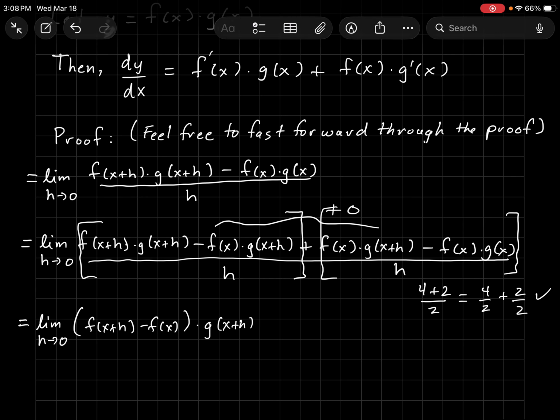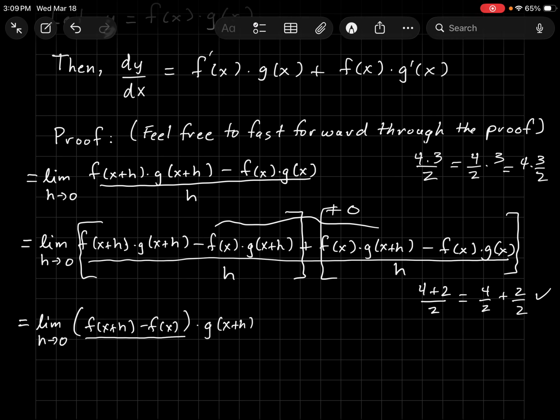Time for a little side algebra again. If I have 4 times 3 over 2, I can write that as 4 over 2 times 3, or I can write that as 4 times 3 over 2. That is, I can put the denominator under either of the factors.